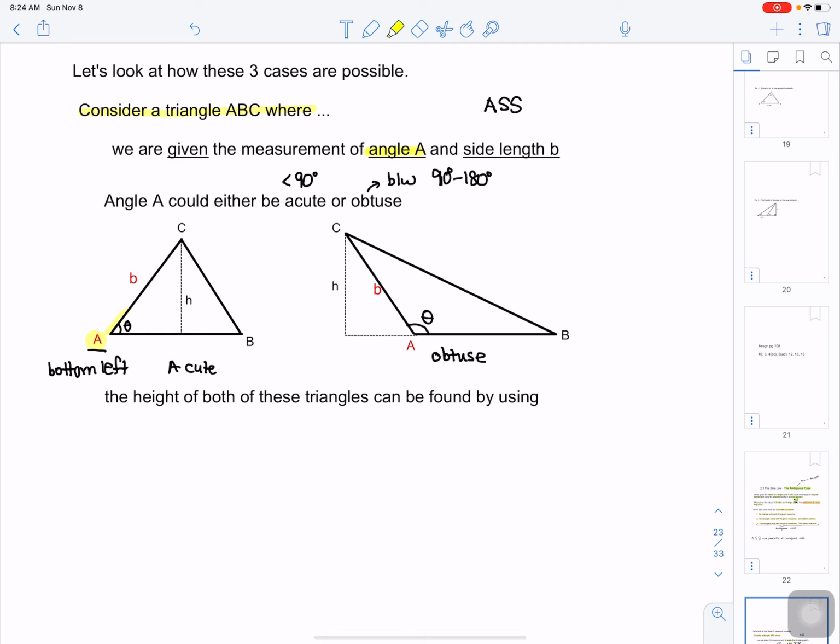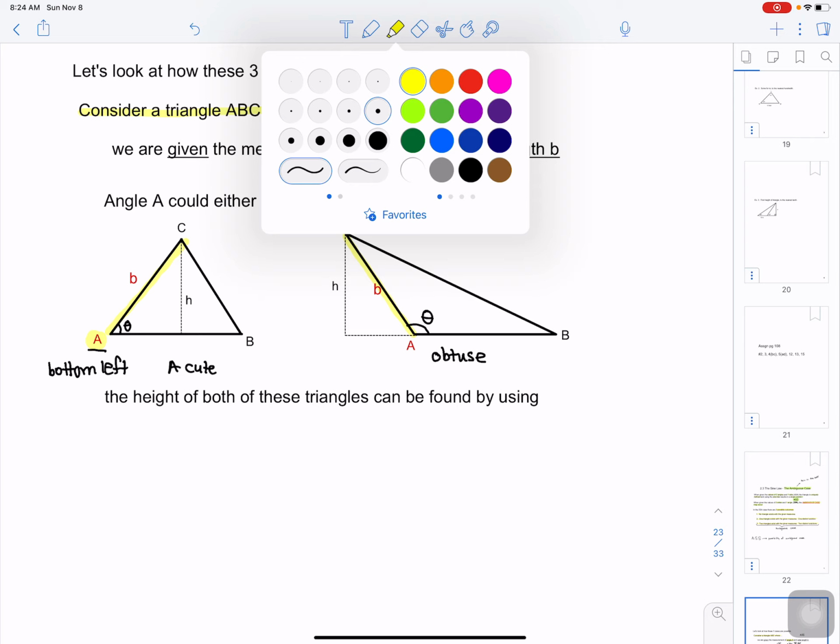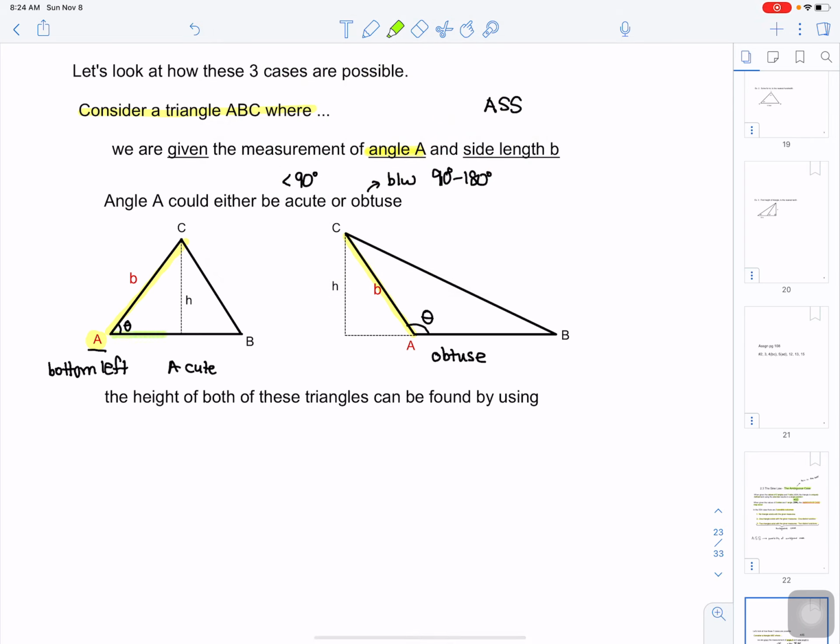This length B is going to be the same in both scenarios, and the length AB is going to be the same in both scenarios. What is going to differ in both scenarios is the length CB. These ones are going to be different. Okay, but the other two will be the same. Okay, and then of course, the angles themselves will be different.